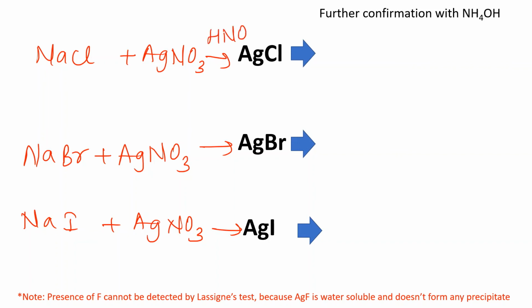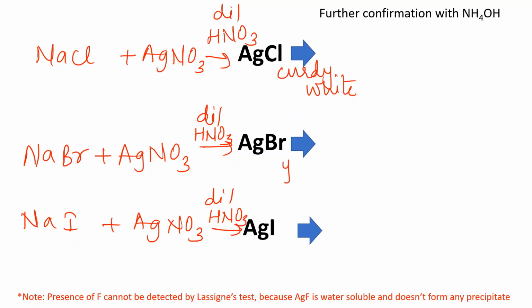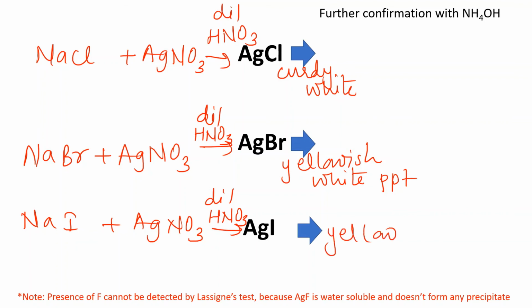All these reactions require acidic condition, which is provided by nitric acid. Silver bromide is the yellowish white precipitate, whereas silver iodide is the yellow precipitate.